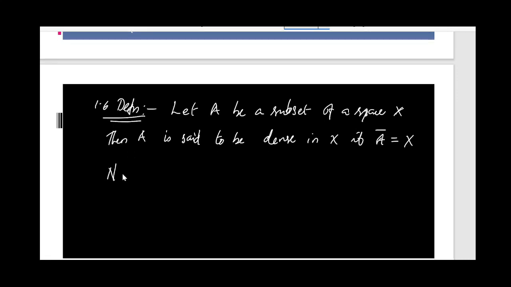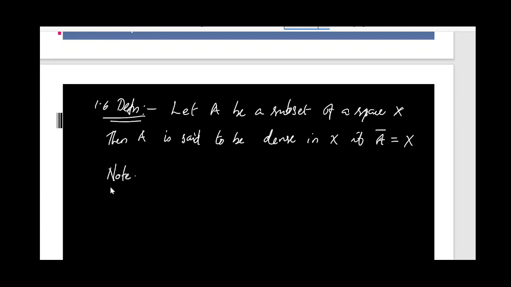Note the entire set X is always dense in X, because when you are taking X closure, it should be X itself.